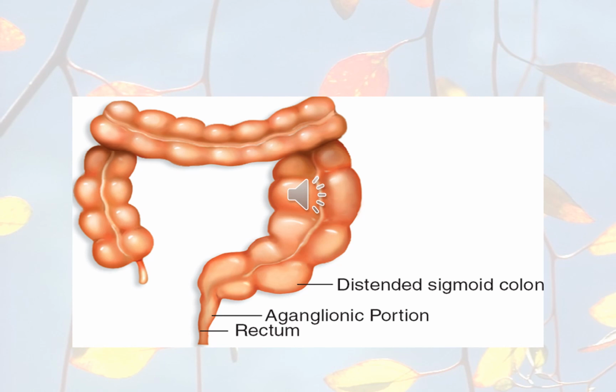Once it has healed completely, we can do a takedown or a pull-through. So basically, they won't need a colostomy anymore, and the intestine can allow the stool to pass through, and this patient can poop normally.